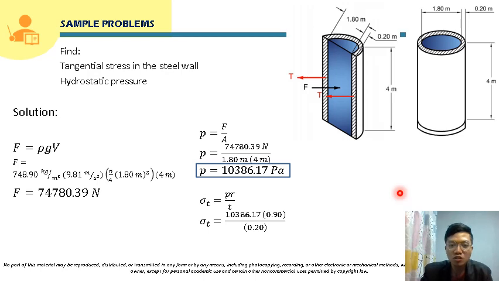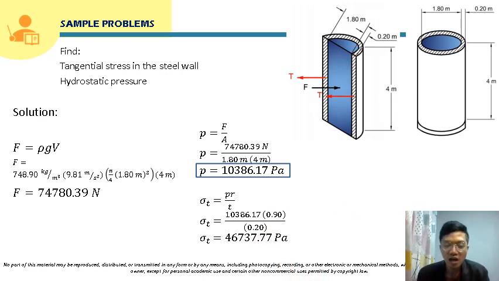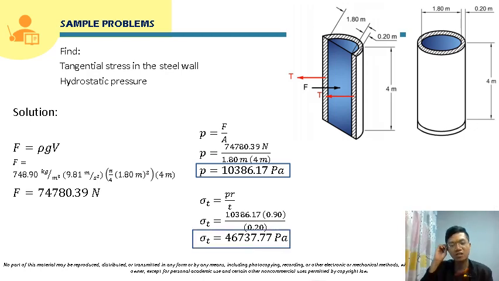Substituting the pressure that we solved, 10,386.17 times the radius. The radius is half of the diameter, so don't get confused here. The radius therefore will be 0.90 over the thickness, which is 0.20. That is the thickness of the wall. Now, the tangential stress, if we compute it, will become 46,737.77 Pascal. So this will now be the answer for this problem.